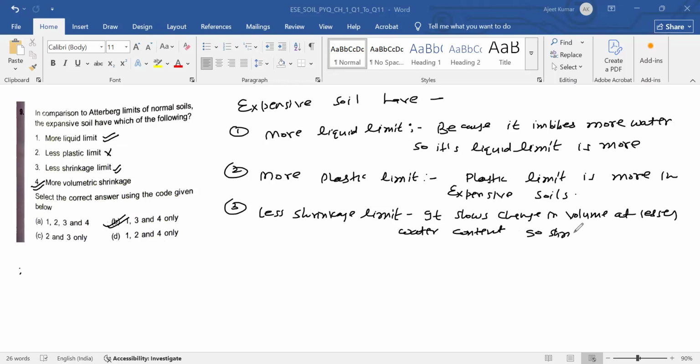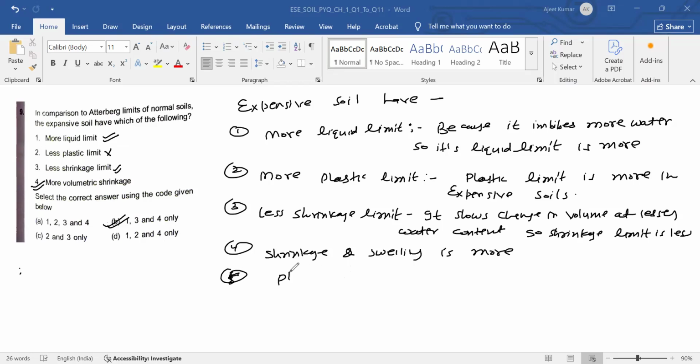Fourth one, shrinkage and swelling is more. And fifth one is plasticity index is also more.